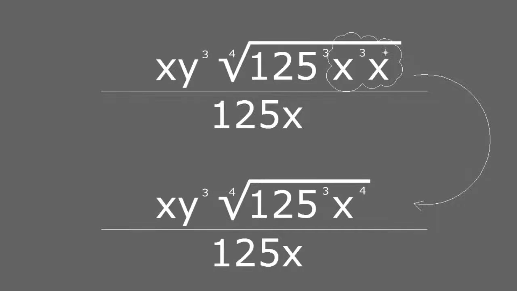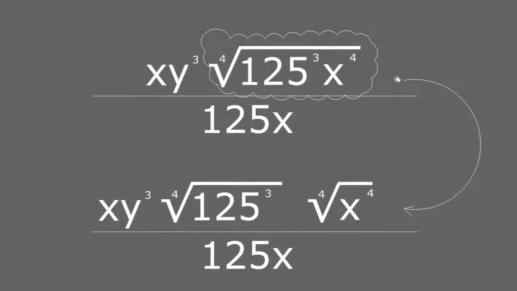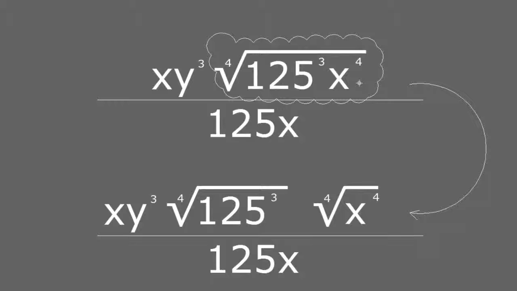This is 3. This is not written here, but you should know that that is an exponent 1. So it becomes x to the 4th power. Now I have x to the 4th power inside of a root of grade 4. So you know where I'm going with that, right? I can take this x outside of the radical sign.